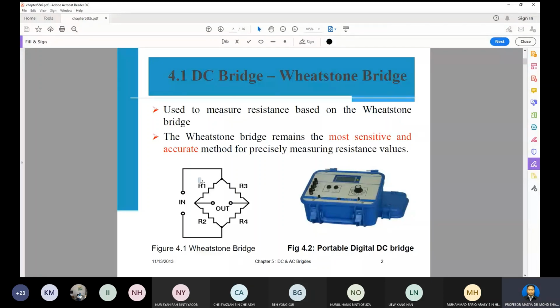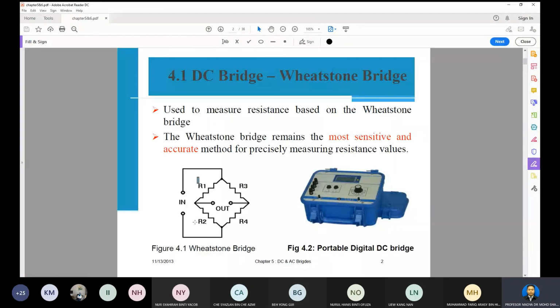So that I mentioned to you, in some books this one is R1, this one is R2, R3, and R4. For this case, we refer to this one as R1, R3, R2, and R4.